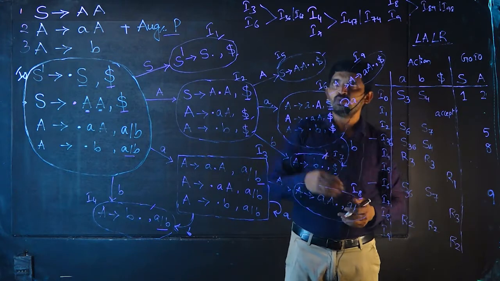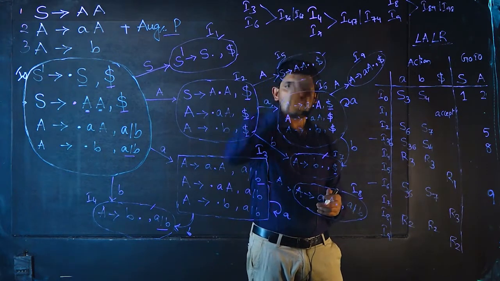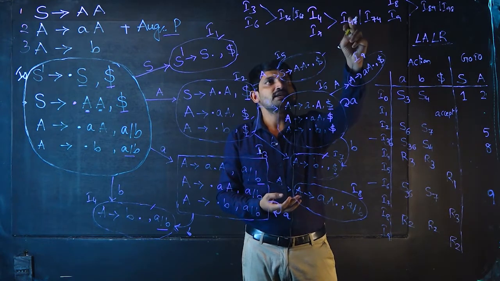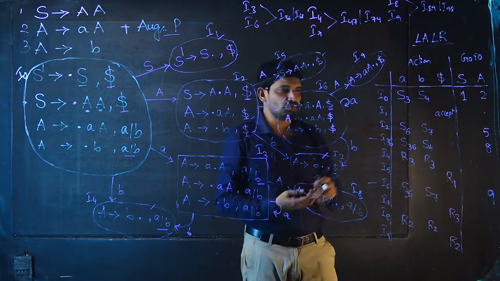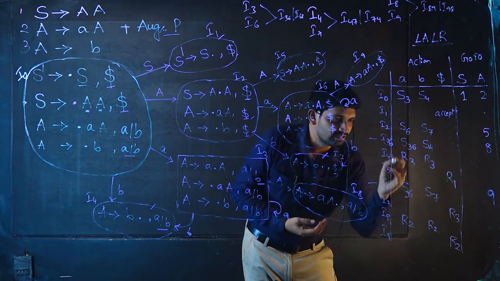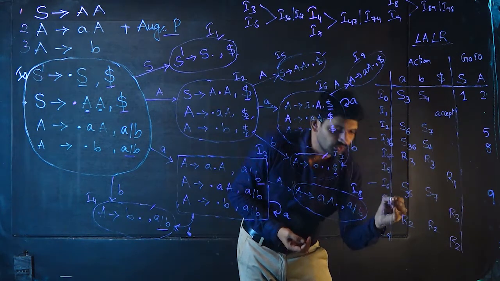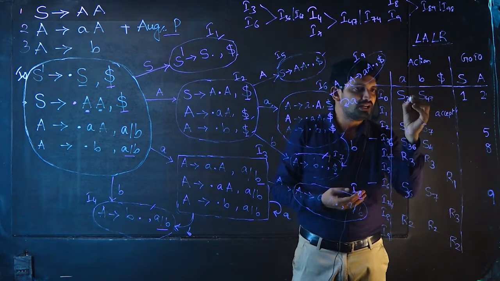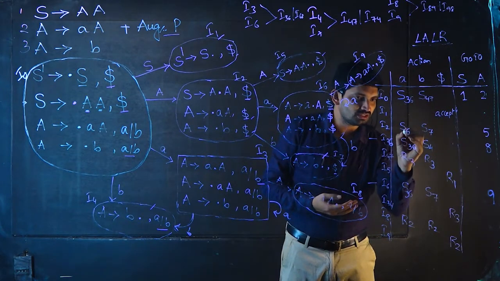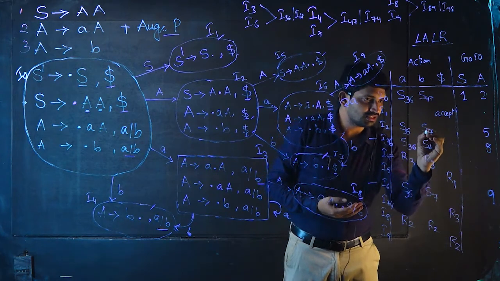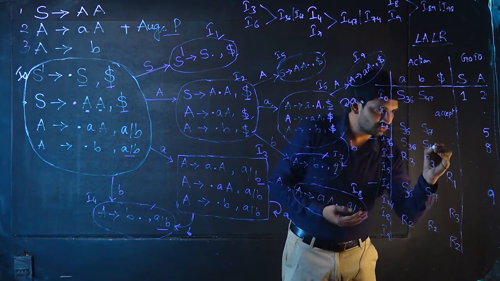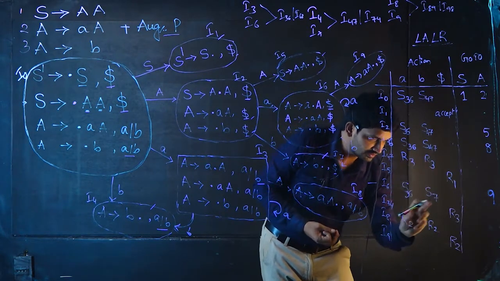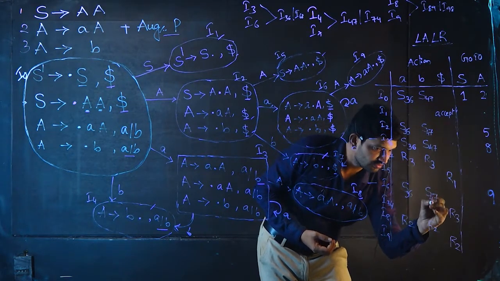Now come to the next one, I4 and I7. Instead of writing I4 and I7 separately, we have to write I47 or I74. Fill in the same thing wherever it exists. This is also I36. This is S47, S47, and this is S47.